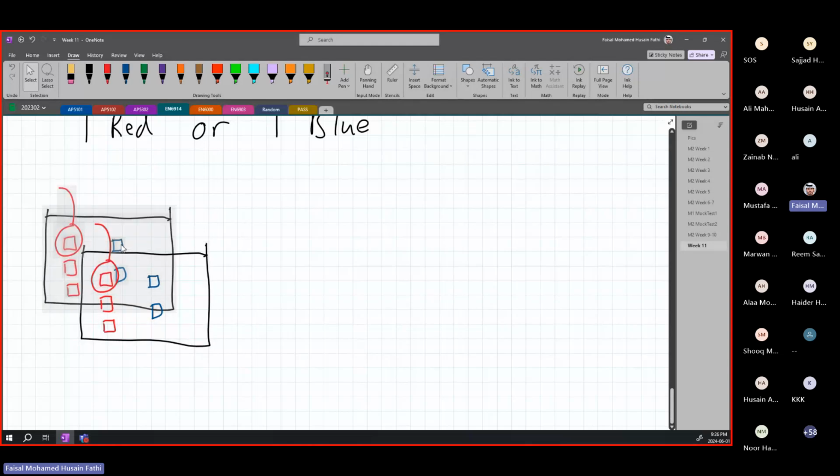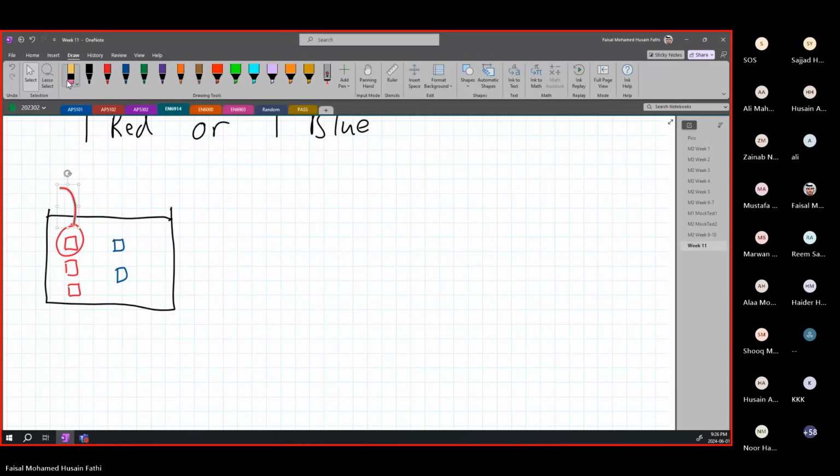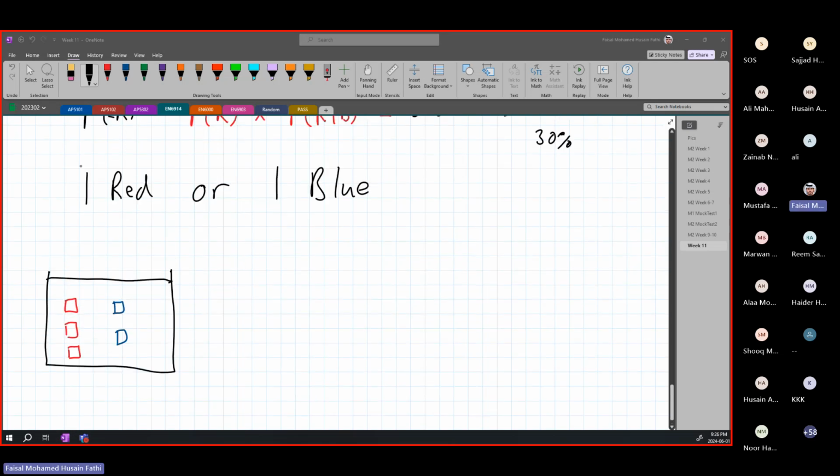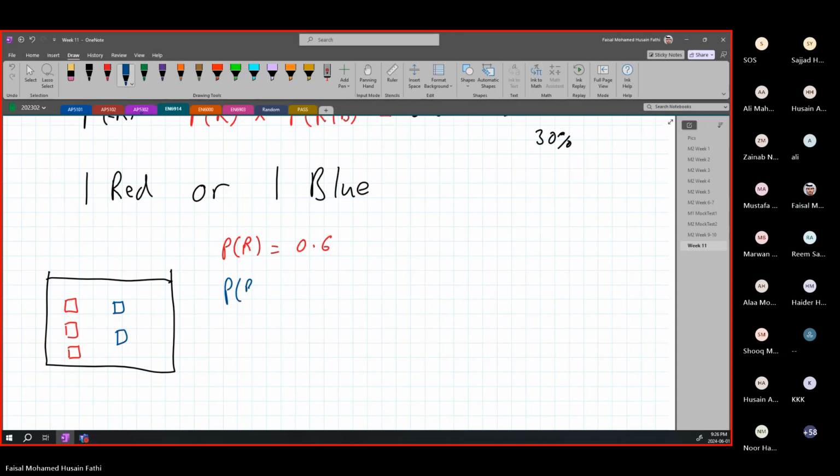So if we're looking at this, here we are talking about one choice only, or one case. We know that the probability of red is going to be equal to 0.6, and we know the probability of blue is equal to 0.4.